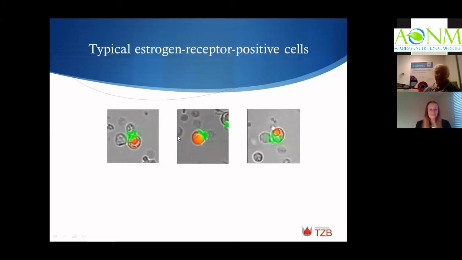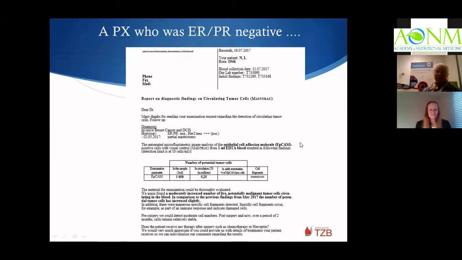This is a typical staining for the estrogen receptor on individual cells. So these cells are EpCAM positive, they are from the tumor, and they are estrogen receptor positive. And this is a patient where the tumor had been shown to be negative for estrogen and progesterone.